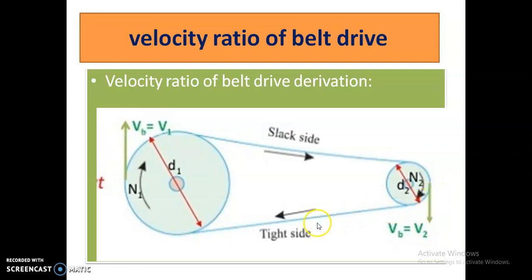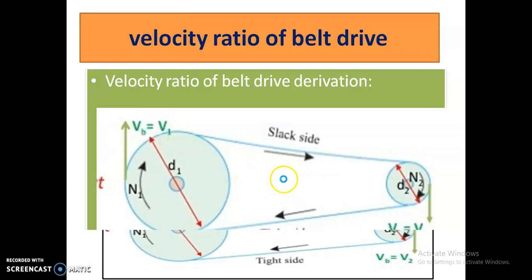Whenever the belt passes over these two pulleys, it has angular velocity, so we can convert to linear velocity: v2 for the follower pulley, v1 for the driver pulley. So this is the diagram.